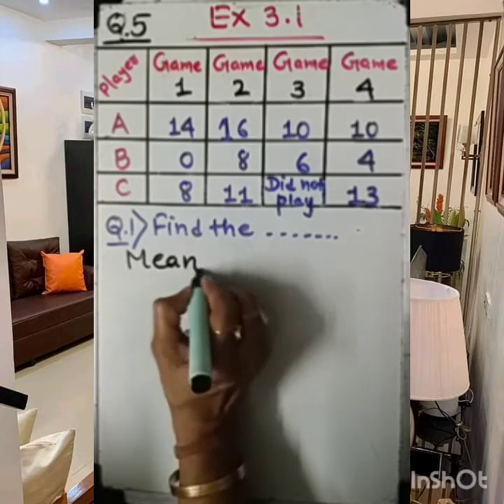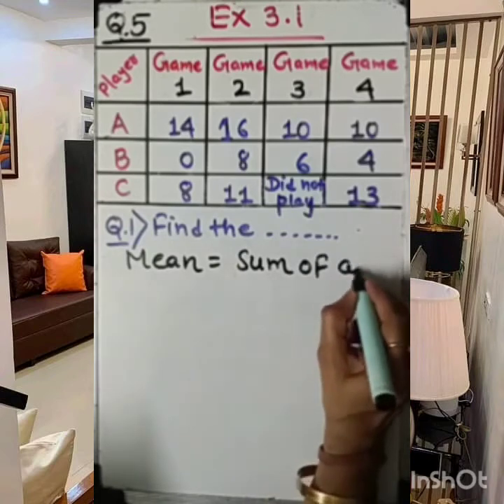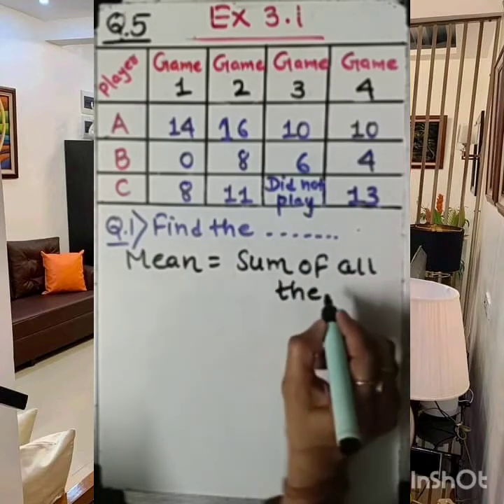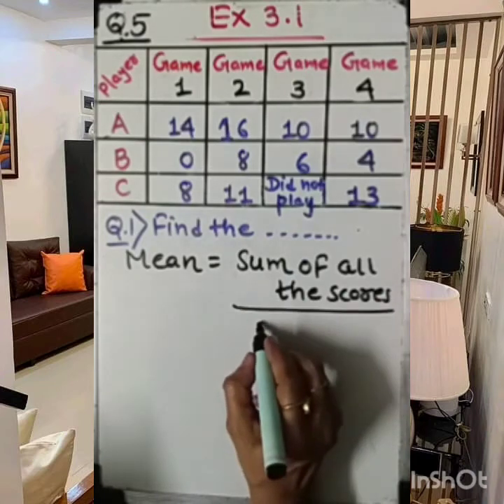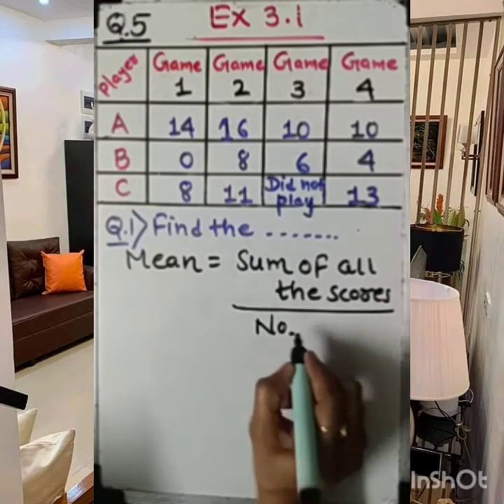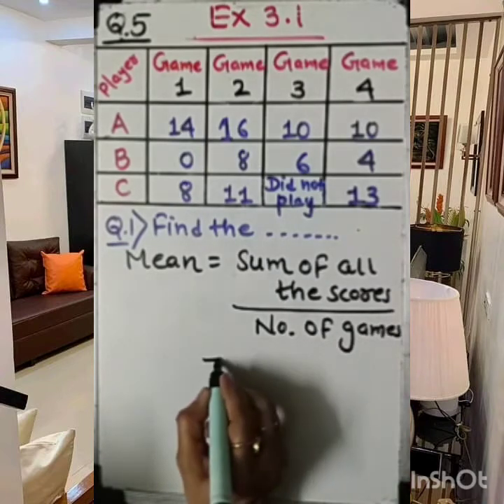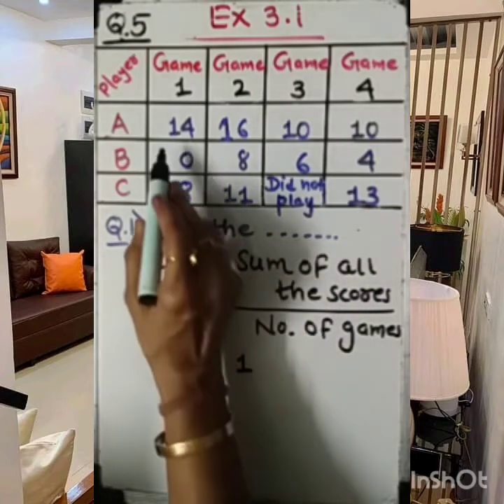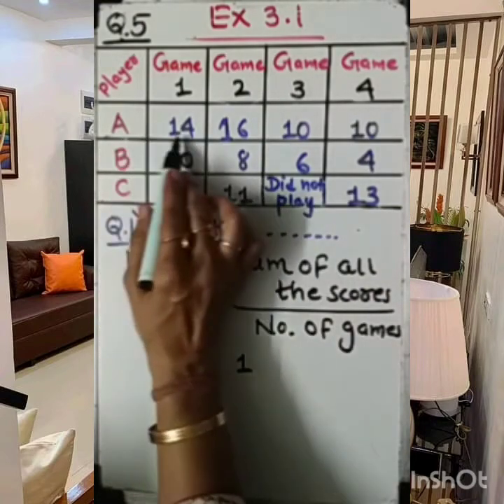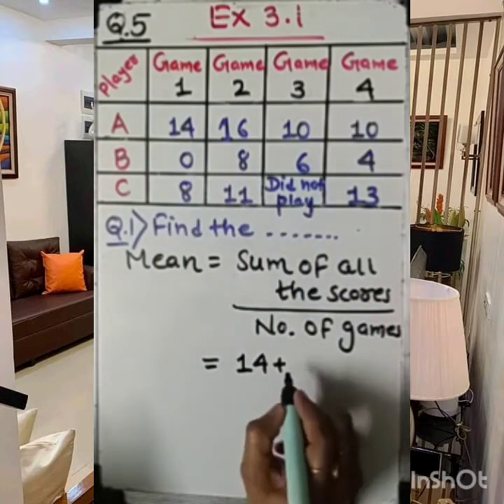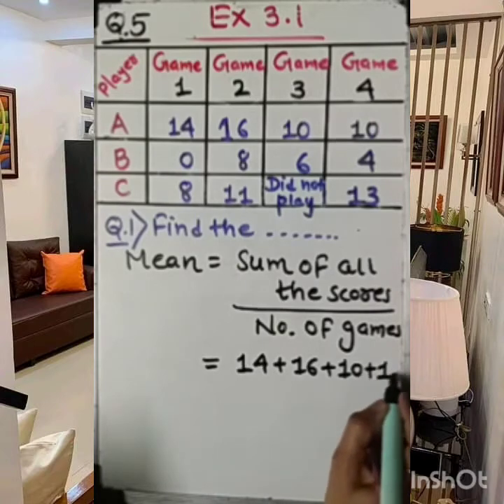Mean equal to sum of all the scores divided by the number of games. We need to write here number of games. Now as we know, we have to find the mean for player A. So they are 14 plus 16 plus 10 plus 10 we are given.